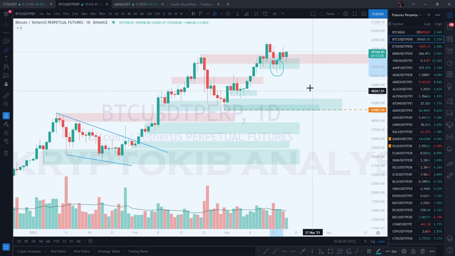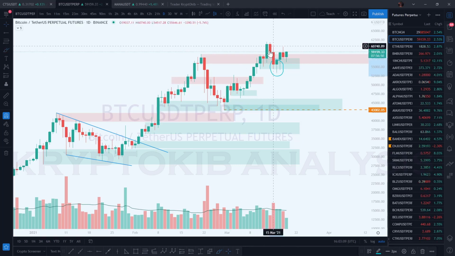Let me tell the story behind this. In the last two candles just before the hammer, what did we see? We saw that price was in a complete downtrend on those two candles, not a long-term downtrend right now. If you look lower, you will see it's still a massive downtrend.